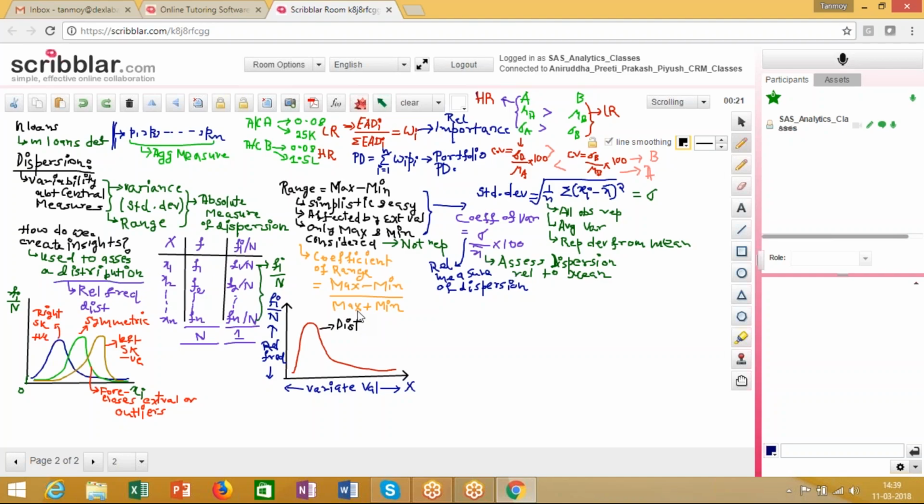Now, if I need to understand how I identify a right skewed or a left skewed distribution using mean, median and mode, let's look at the shape of this distribution. Towards the lower end, there is a huge concentration, a large concentration of the values, and there are a few sparse upper end or tail end values.